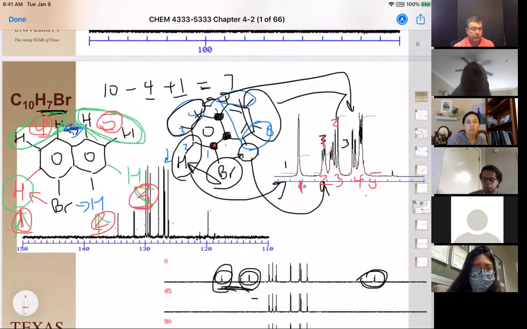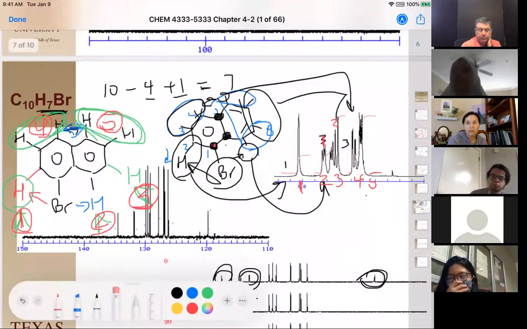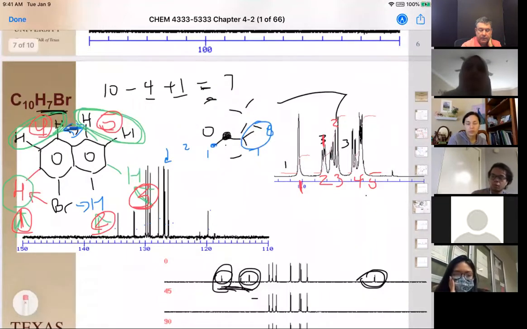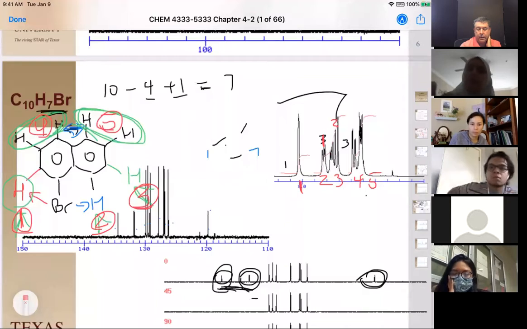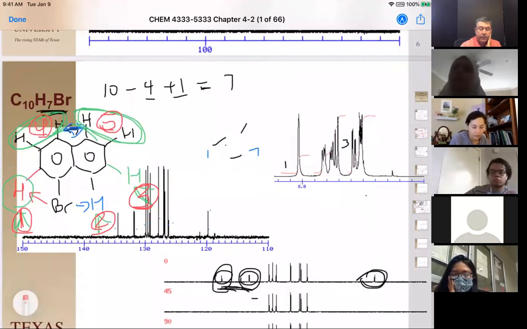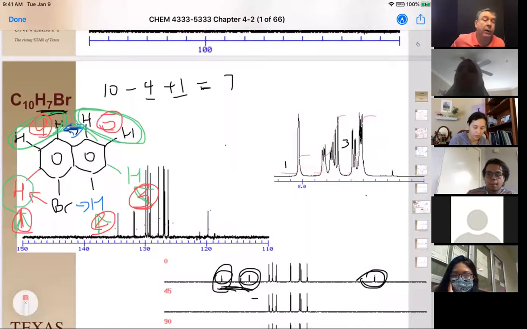So we have a 2, 1, 2, 1, 1. 2, 2, 1, 1, 1. Okay, did you follow that one? Yes, thank you. So we have the number of equivalencies if the bromine is in that position works out correctly.